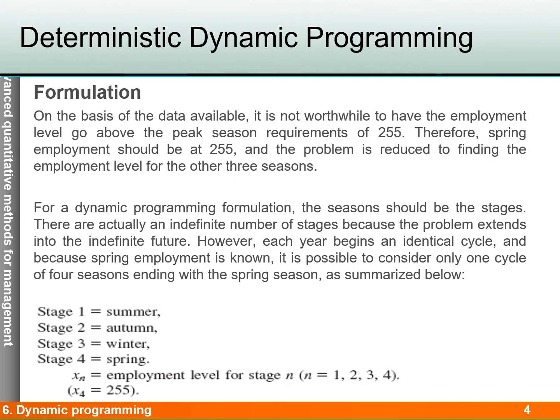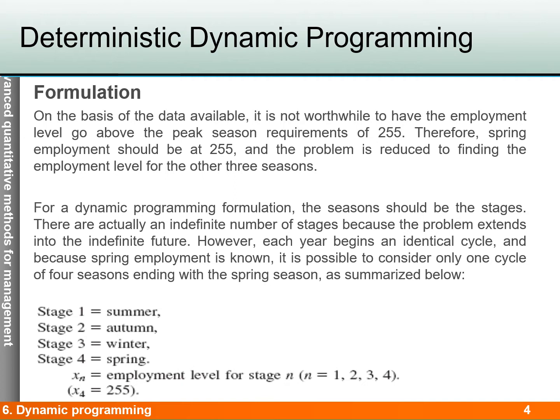For a dynamic programming formulation, the seasons should be the stages, of course, and they are actually an indifferent number of stages because the problem extends into the indefinite future. However, each year begins an identical cycle, and because spring employment is known, it is possible to consider only one cycle of 4 seasons ending with the spring season.